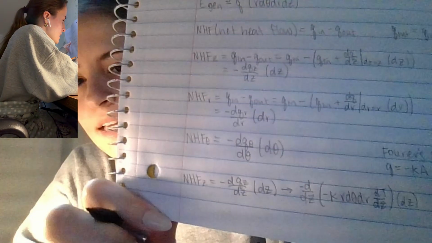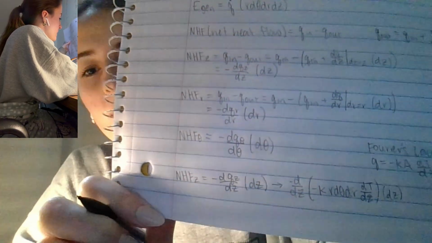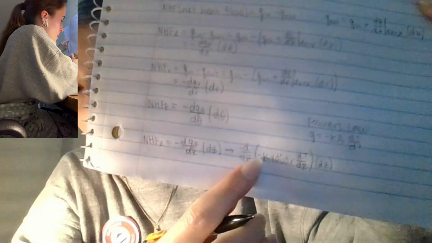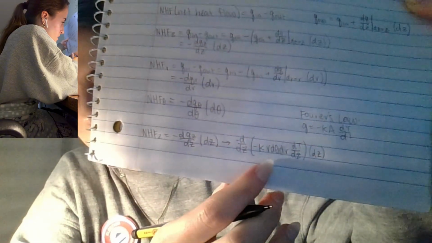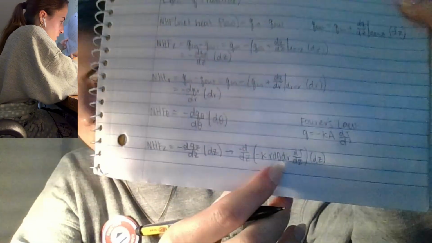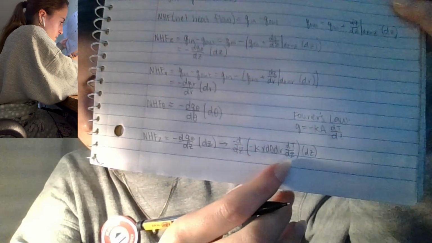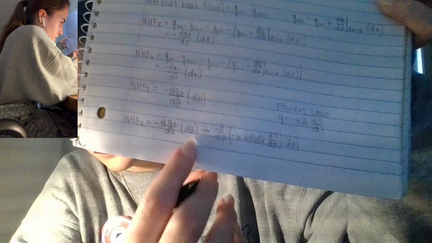So all that I did here was pull out the negative d over dz to the front, plugged in qz for this middle part in parentheses, so that's our negative k. This is our cross-sectional area here, r d theta dr, times the dT over dz, because that's the direction we're looking in, and then times that final dz that's out here.